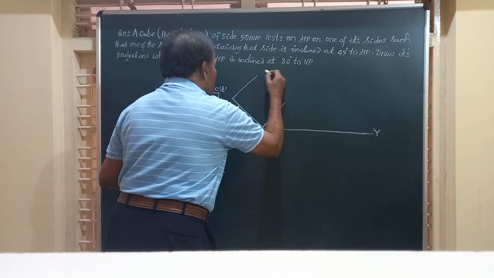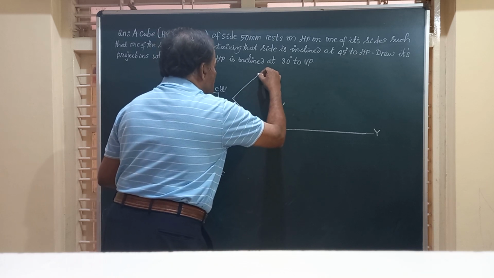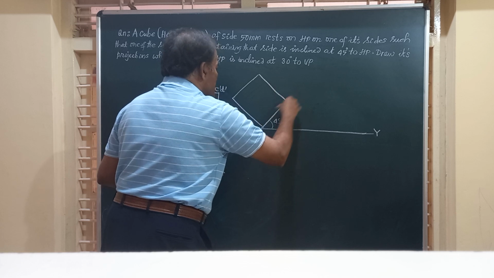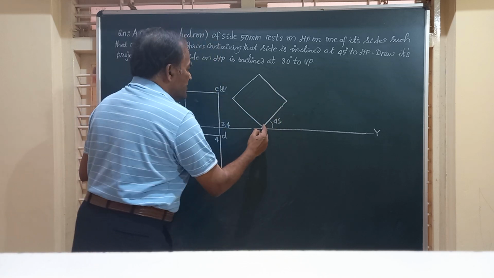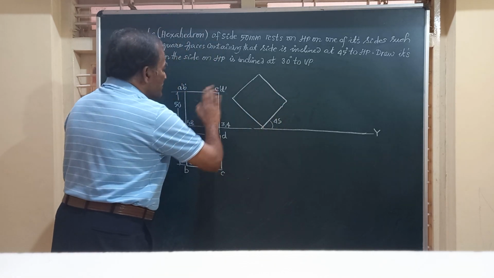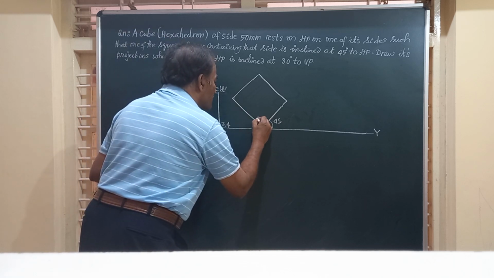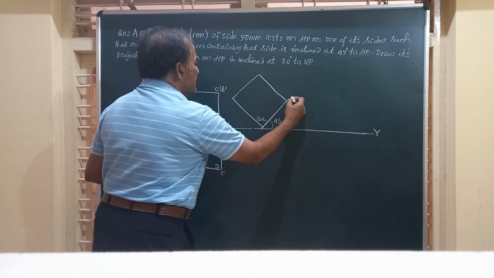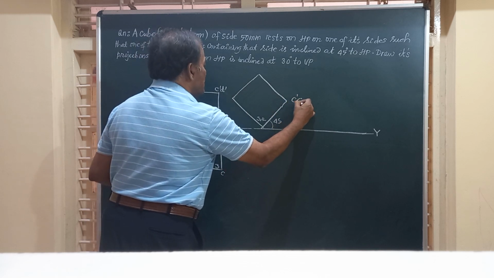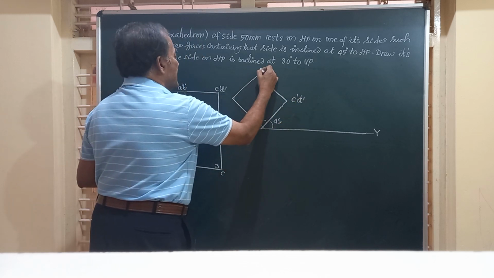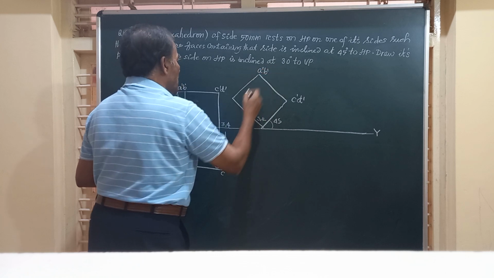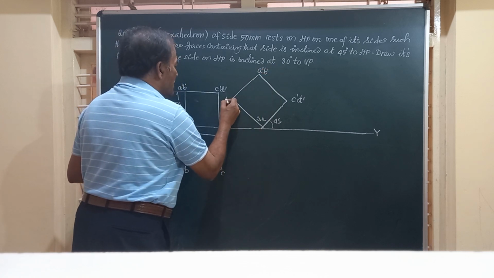Friends, I will complete this and obtain the view of this. So friends, this is rotated, tilted to the right side. This is 3 comma 4 and this is C dash D dash. This is A dash B dash and bottom face is 1 comma 2.